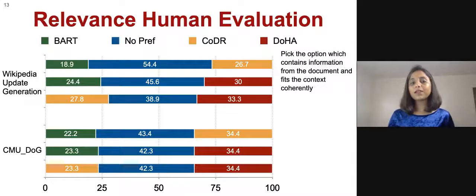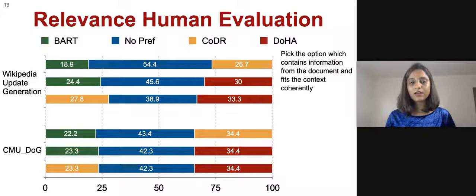Now, what these automated metrics really tell us is how close to the reference the generated text is. But this notion of grounding is not really evaluated through automated metrics. And that's why we present the relevance human evaluation, where we ask the human judges to pick the option which contains information from the document and fits the context coherently.